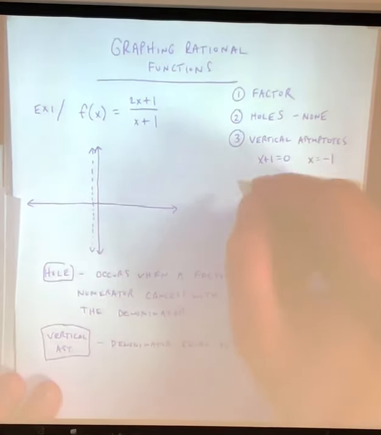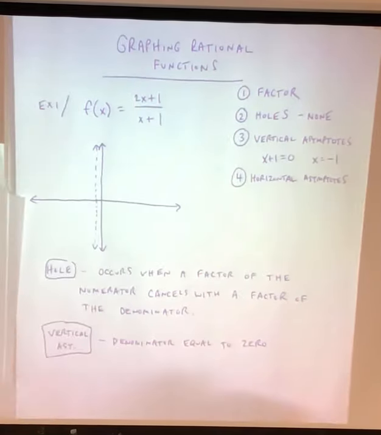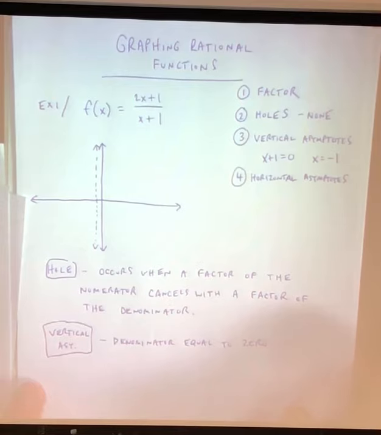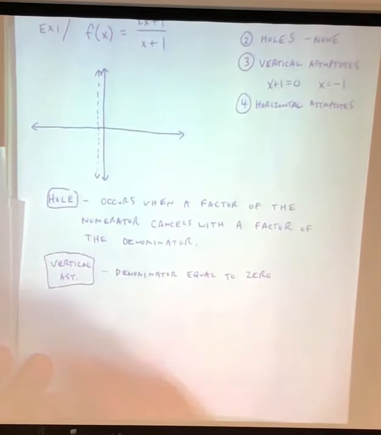For step number 4, we're going to determine, does it have any horizontal asymptotes? For the horizontal asymptotes, we've got 3 special rules that we use.